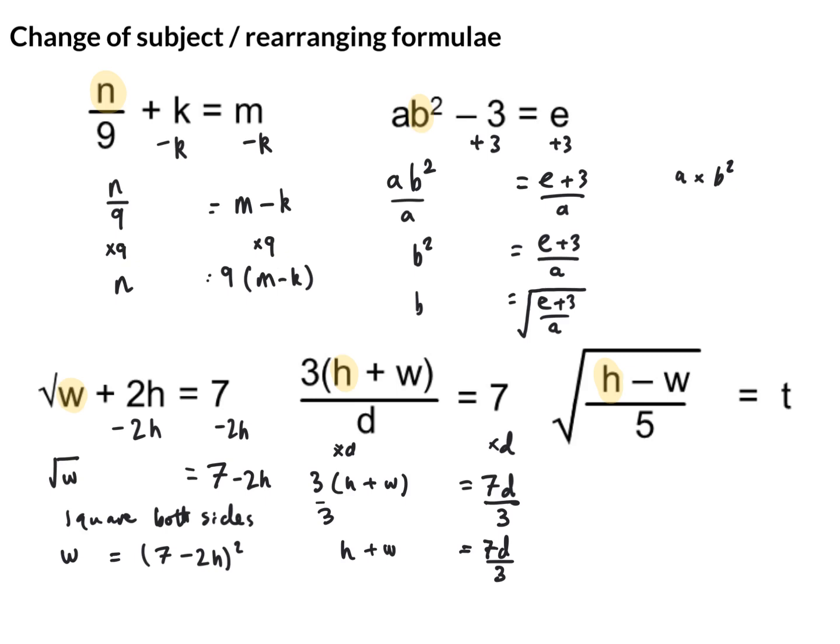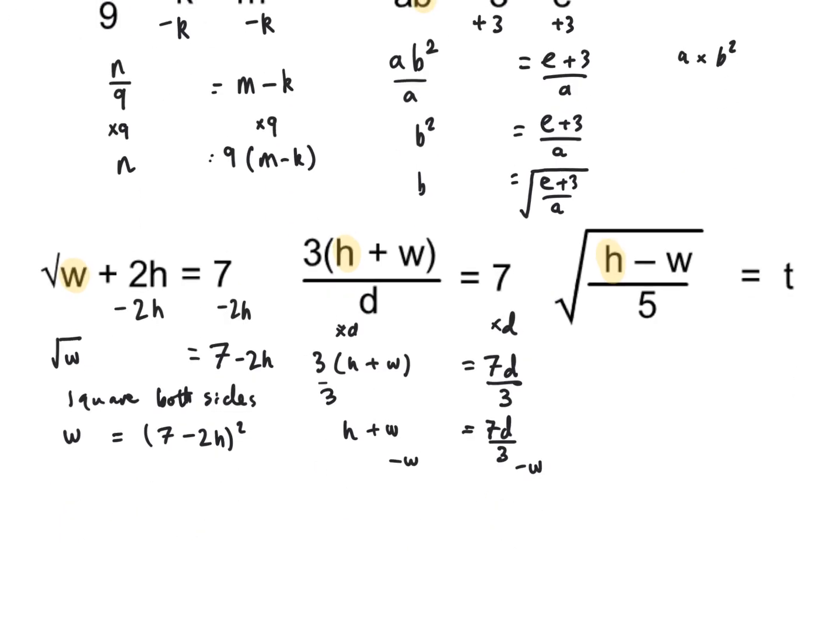We've got h plus w. So if we subtract a w from each side, that is going to give us h equals 7d minus 3 minus 7d over 3 minus a w. And we've successfully got that h on its own. We've made h the subject.